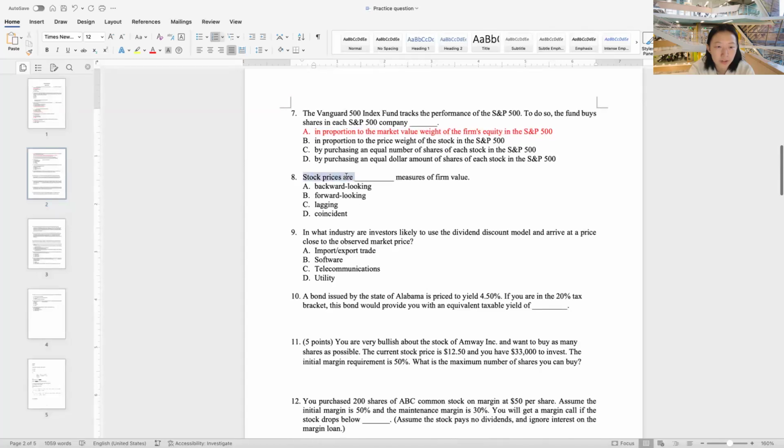Stock prices are what measures of firm value? It's a forward-looking measure. I think we talked about it in class, but I can emphasize it here: stock prices, including the market index, are a leading indicator for what is happening in the real economy. Investors don't look at just the current profitability of the firm; they are continuously adjusting their expectations of the company's future earnings.